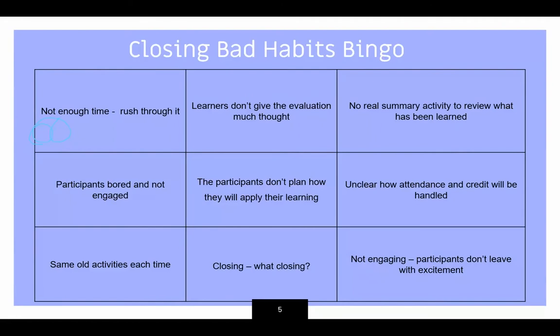So we're going to do a kind of, it's not an official bingo game, but closing bad habits, using the annotate, one of the stamps or marking. Click on any of the things that you feel like you have seen either from other trainers or that you have experienced even as doing your own trainings as a trainer.